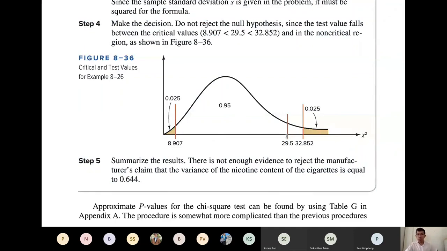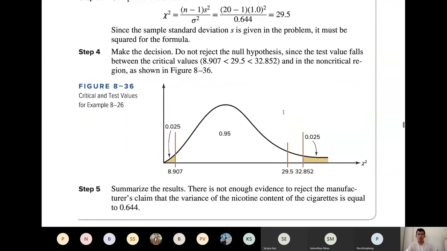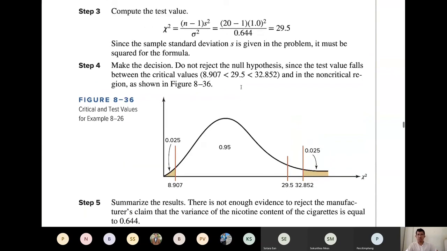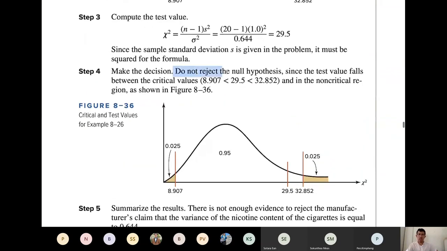If our test value is inside this or inside this region, we have to reject the null hypothesis. But it's outside. So the conclusion is do not reject the null hypothesis, since the test value falls between the critical values, or in other words, it stays outside the rejection region.